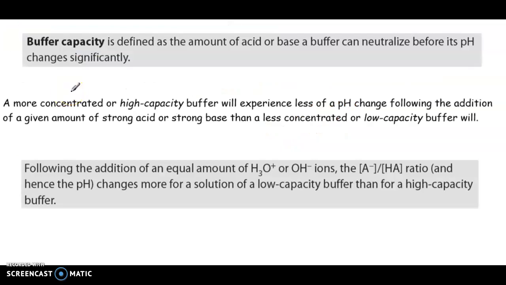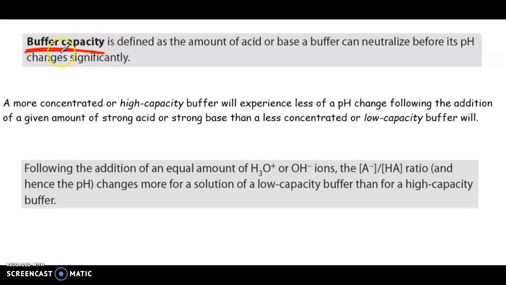You're going to hear this come up quite a bit: the capacity of a buffer. Remember that buffers can only resist pH change for a certain amount of strong acid or strong base that's added.